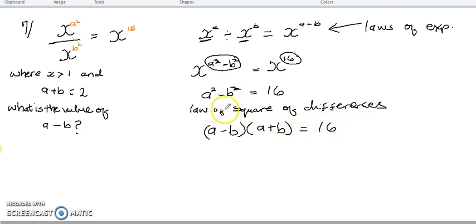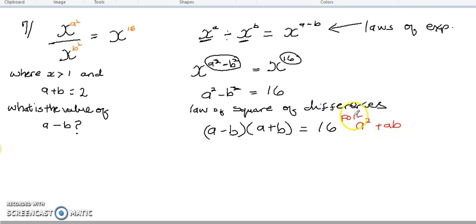These two expressions are identical. If you expand this expression, you will get a squared minus b squared, and we'll prove it. We're using FOIL. So we're multiplying the first and the first to give us a squared. We're multiplying the outer, the O stands for outer, a and b, that gives us plus ab.